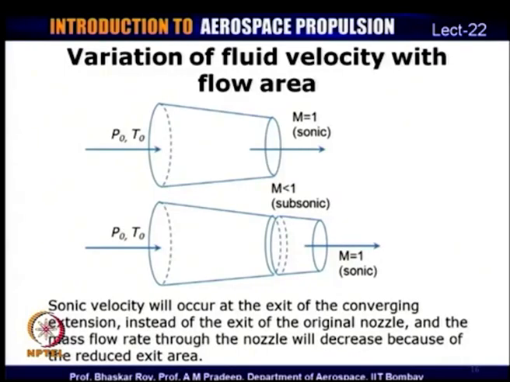So, we will see later that as Mach number reaches 1, the mass flow is at its maximum, and that is known as the choking of a nozzle. That is, if you were to force fluid through a nozzle till a point that at the exit of the nozzle Mach number is equal to 1, then the mass flow rate that can be passed through such a nozzle has reached its maximum level.